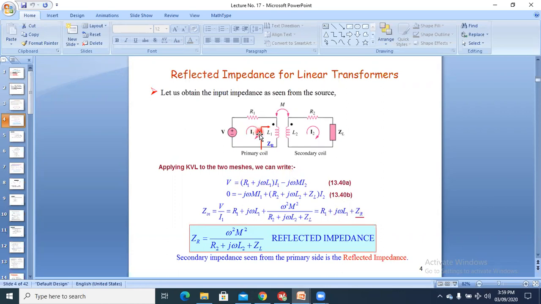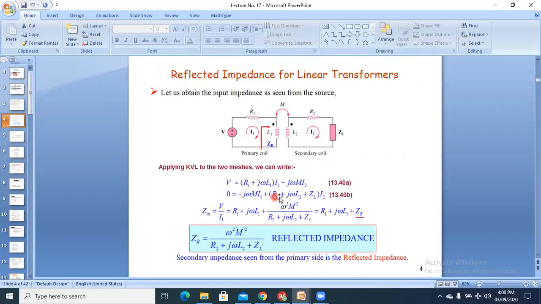First we apply KVL on mesh 1 and we apply KVL on mesh 2. From this we will get the value of V is equal to R1 plus j omega L1 I1 minus j omega M I2 equal to 0. And also we apply KVL and find the value of this.